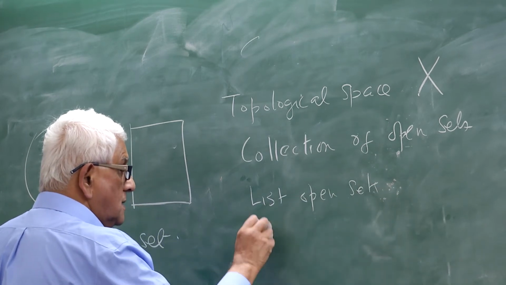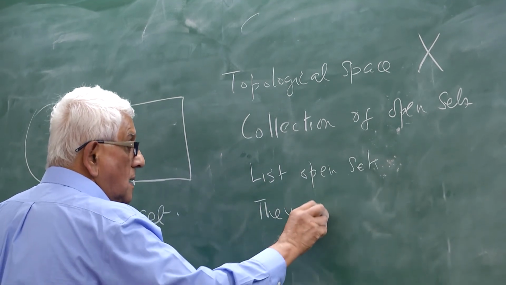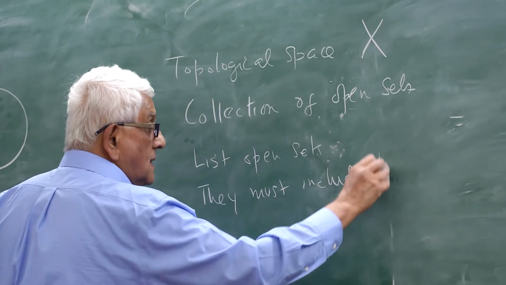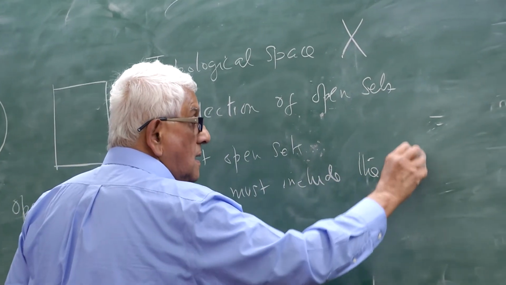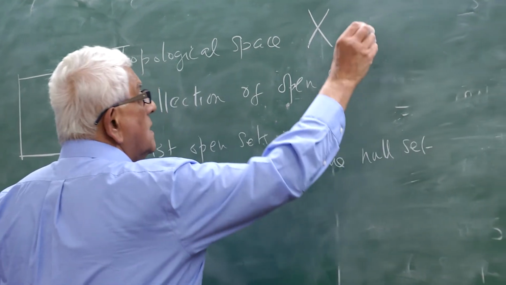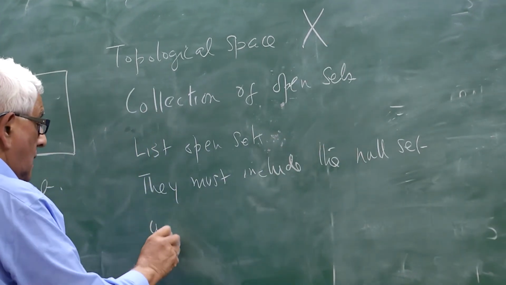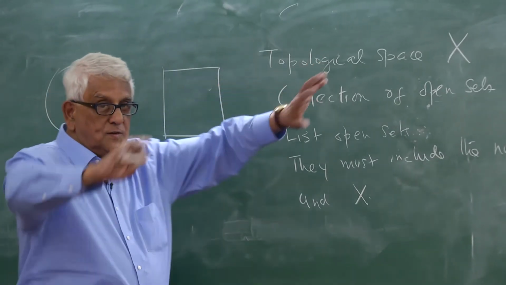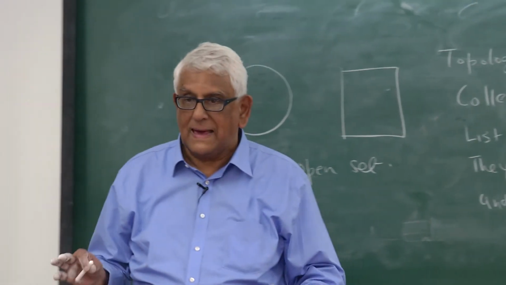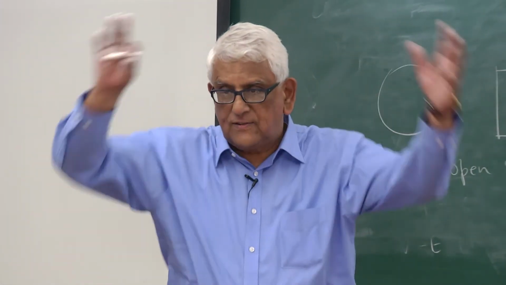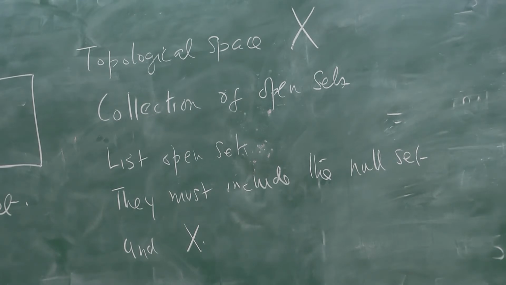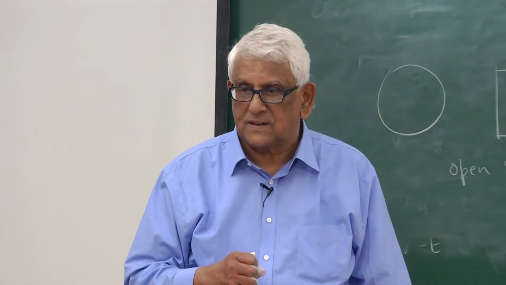and they must include the null set and X. So, that means I tell you the topological space is X, the X itself has to be an open set, and there is a null set which, in a perverse way, is also an open set.